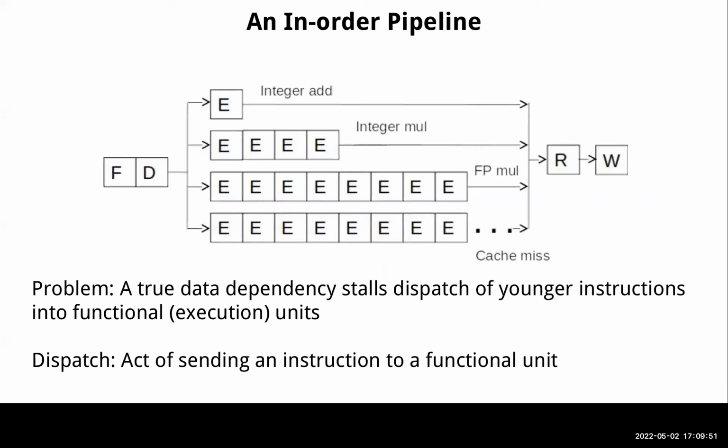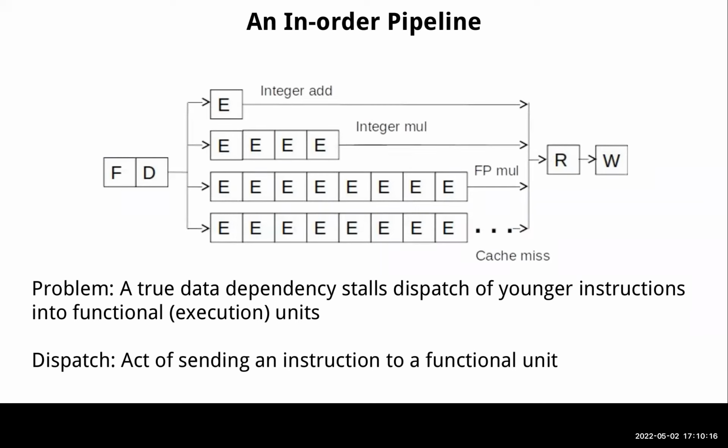Okay, so first of all, what is out-of-order execution? Some of you may remember this from your computer architecture class. To understand what out-of-order is, let's first understand what in-order execution, or an in-order pipeline, is.